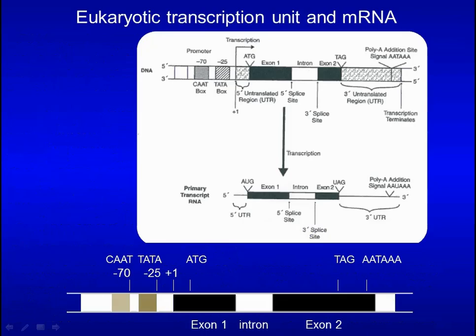At the DNA level, the DNA segment corresponding to the 5' UTR is located right at the beginning of exon 1, and the DNA segment corresponding to the 3' UTR is located at the end of the last exon. Right here we can see this again in this diagram. This is the first exon, and this part is the 5' UTR. This is the last exon, and this part is the 3' UTR.